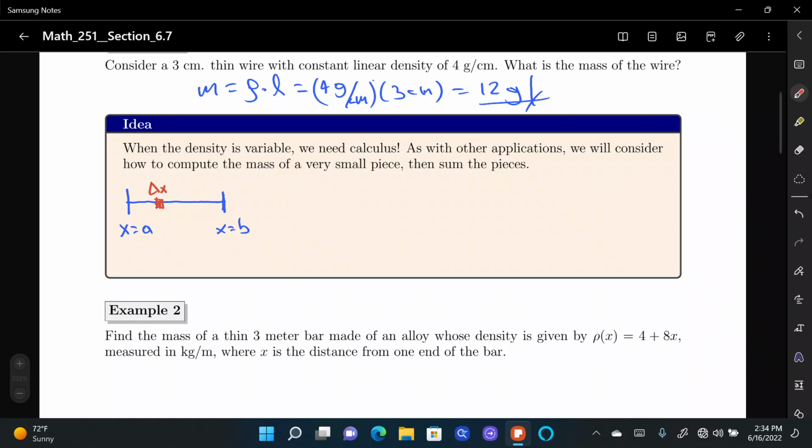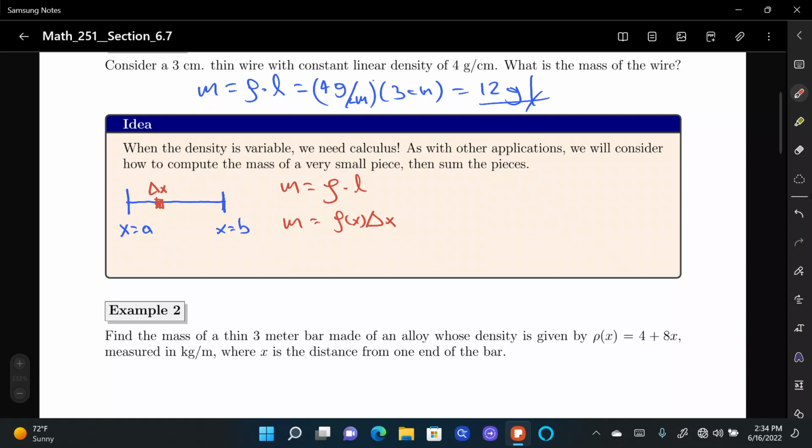Mass equals density times length. But since the density is not the same all along this wire, let's call this m equals some rho that depends on x, depending on the position, on where in the wire, where in the length that density will be variable, and that distance is going to be our delta x.